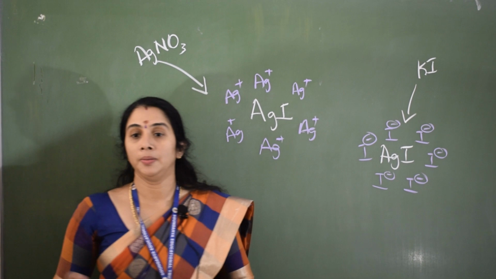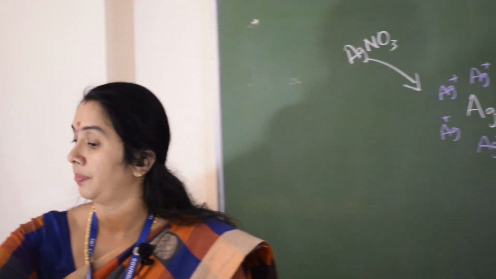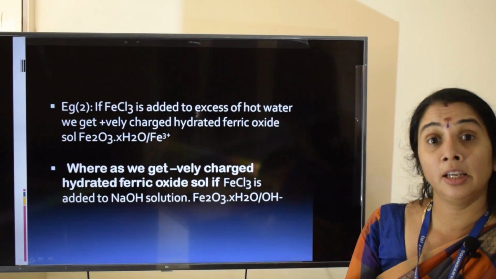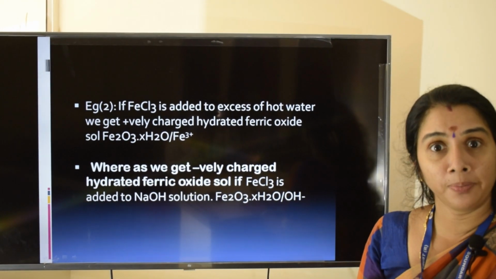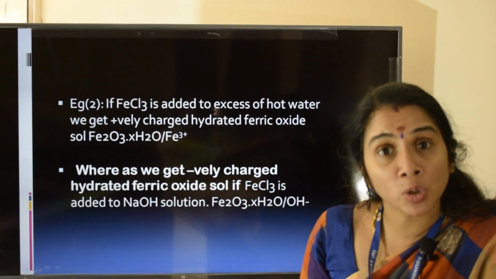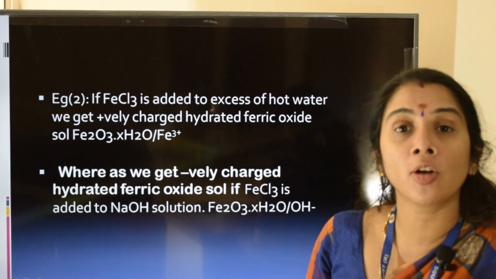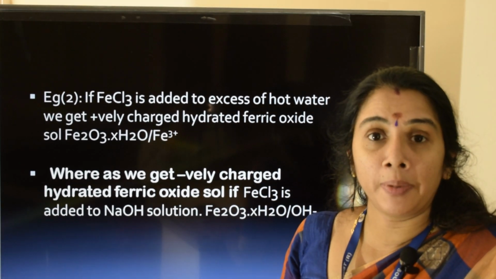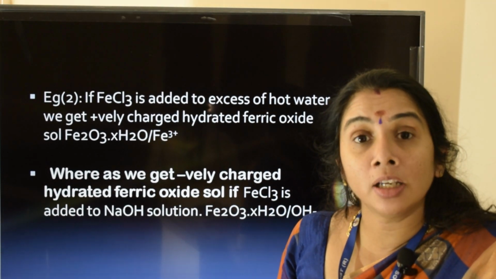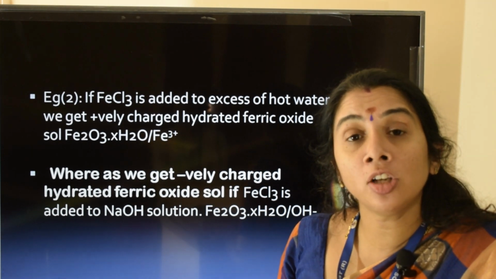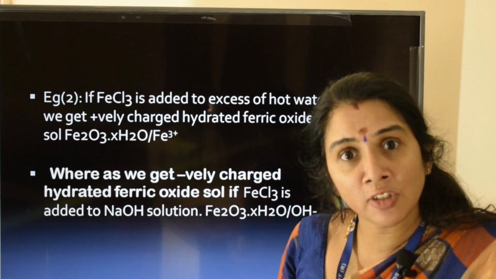Similarly, next example, if ferric chloride is added to hot water, we get hydrated ferric oxide sol, which is positive in charge.